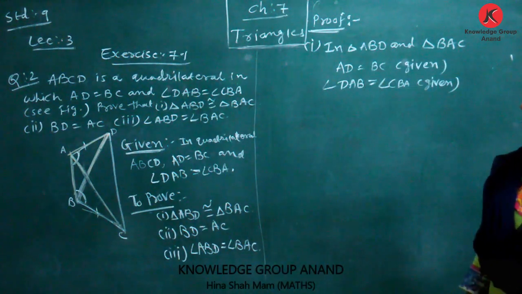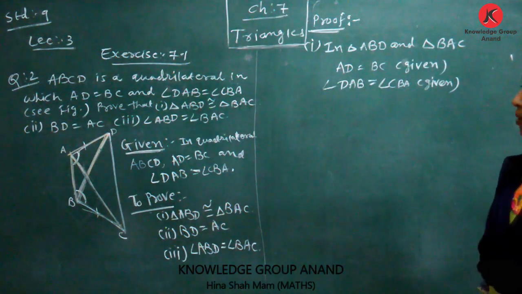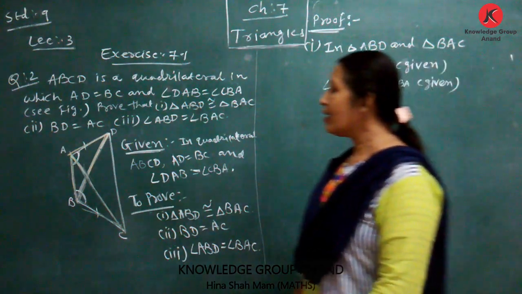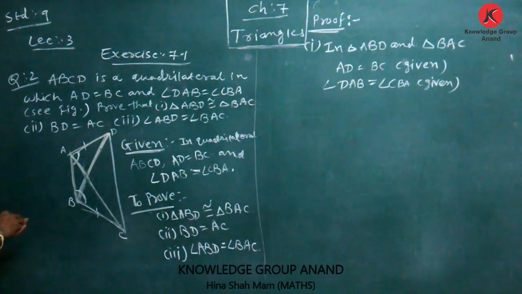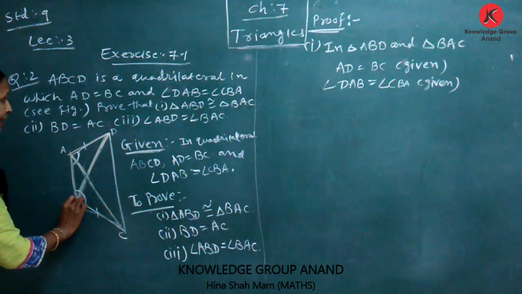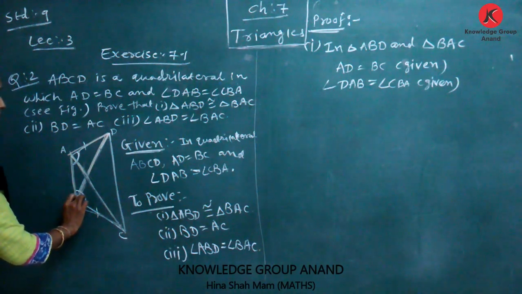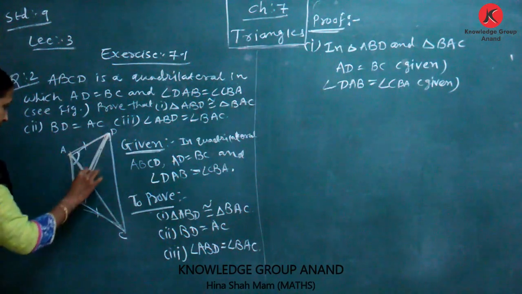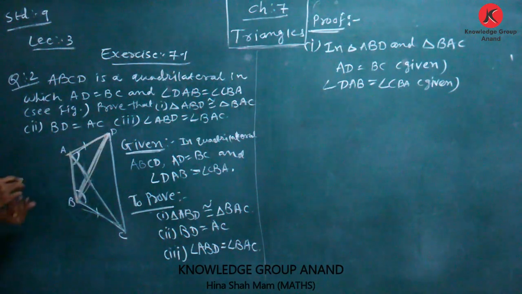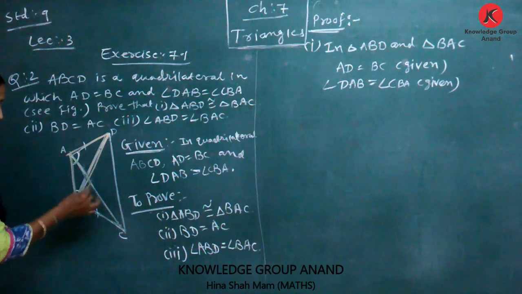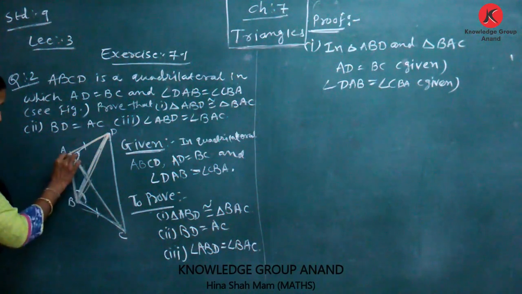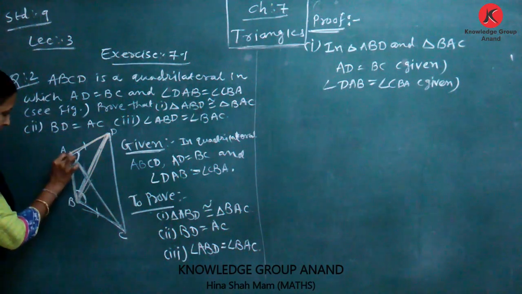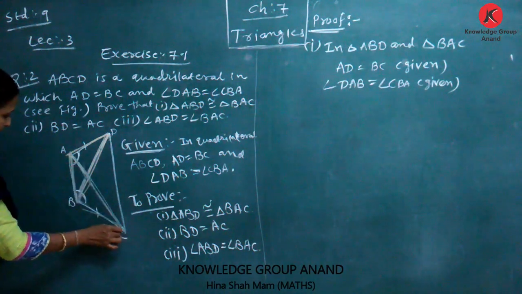And which is the common side in both triangles? Now see triangle ABD, our first triangle, and our second triangle is BAC.